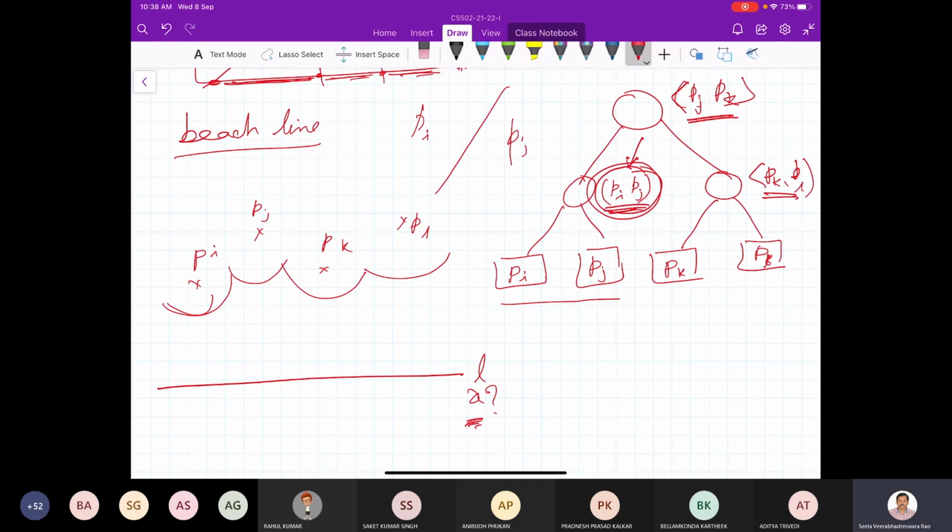Once you know the bisector, for the given sweep line position, that point must be equidistant, so this distance and this distance should be the same. So you can find this point on this line. Similarly, given the sweep line value and the point Pi, we can find the parabola location.